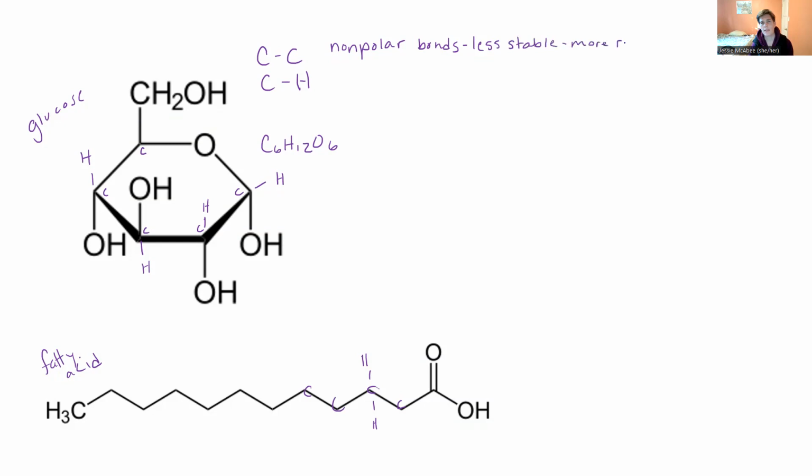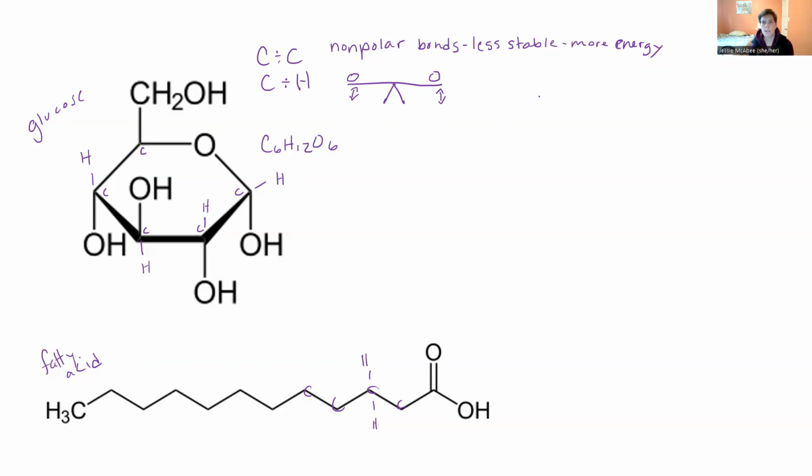The analogy I like to give is a seesaw that is perfectly balanced. It's more likely that it's going to move right back and forth. That's the equivalent of a nonpolar bond, because covalent bonds are the sharing of electrons, and these share electrons equally. So the electrons are equally likely to be found around either atom.